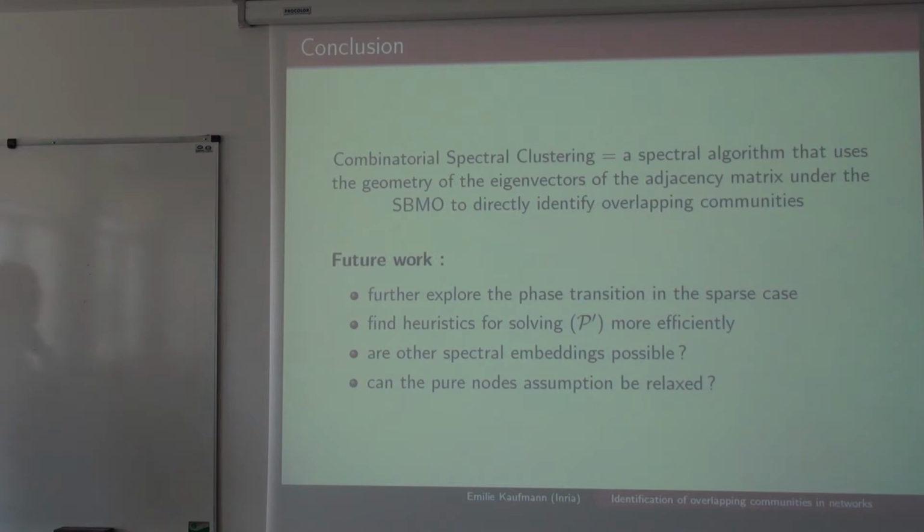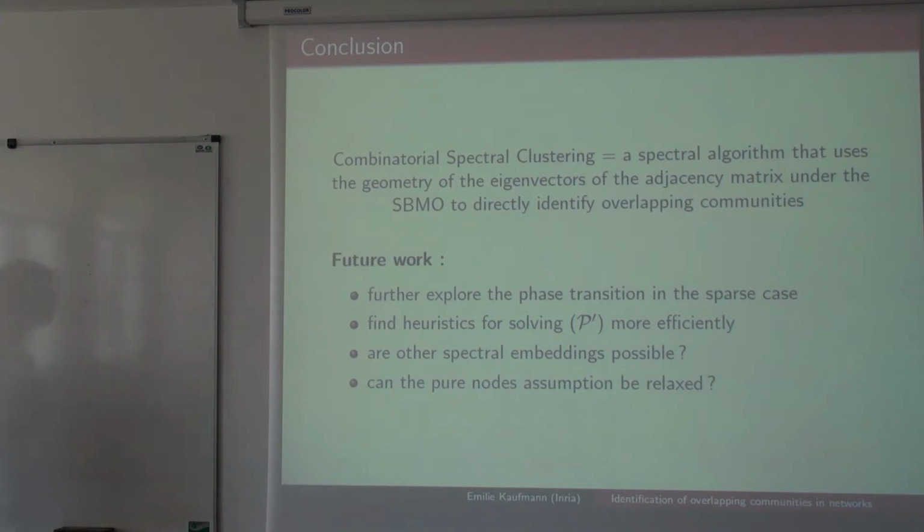And then other questions are, here we presented a spectral embedding based on the adjacency matrix. And actually we tried with the Laplacian, but we didn't find a structure that could be used like the one we had for the adjacency matrix. So it is another possible direction of research.